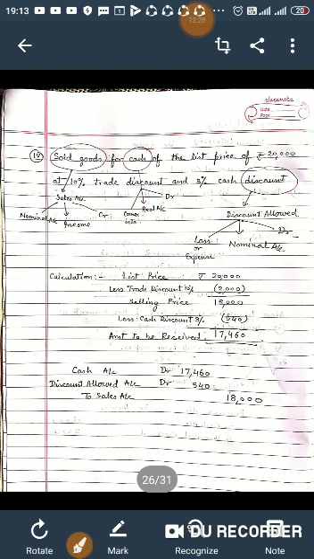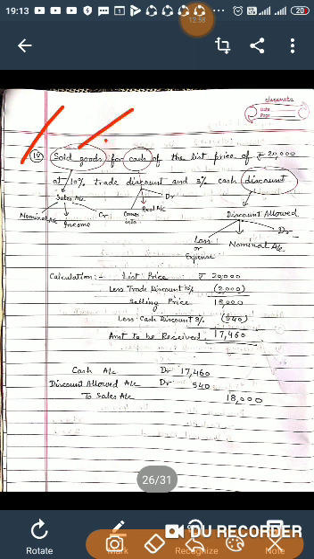Now the last transaction is sold goods for cash of the list price of rupees 20,000 at 10% trade discount and 3% cash discount. So this is a cash transaction. Three accounts are involved: sales, cash, and discount allowed.